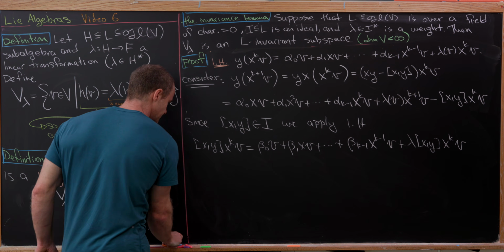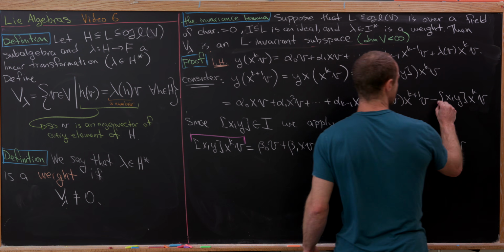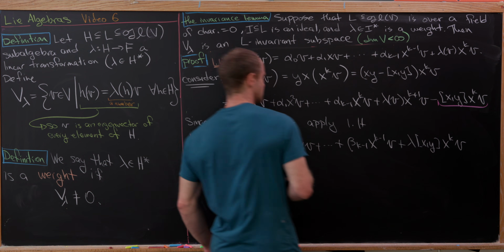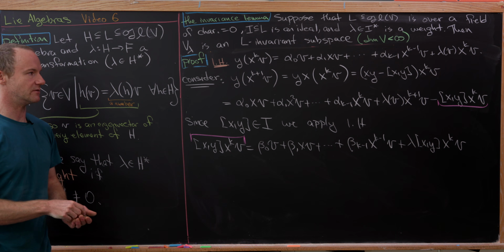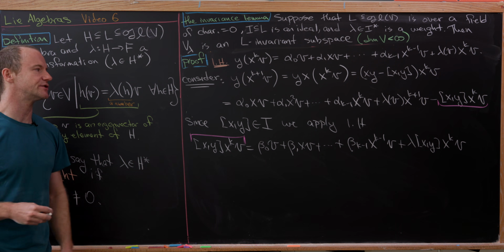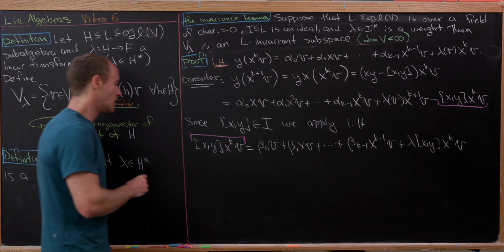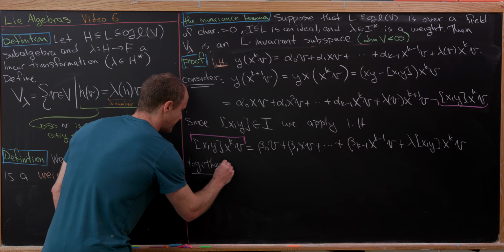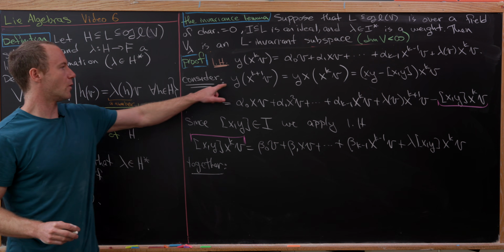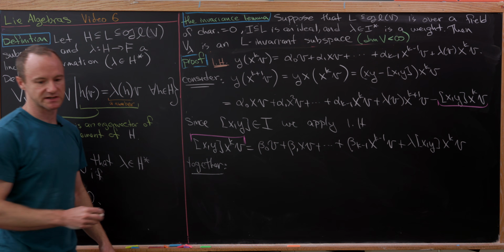But now what we can do is smush this into this right here, because that's essentially what we did. We extracted that bit and then expanded it again using the induction hypothesis and the fact that I was an ideal. Okay, so putting all of that together, we get the following expression for y times x to the k plus 1 times v.